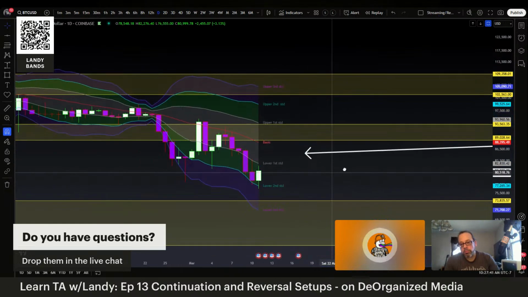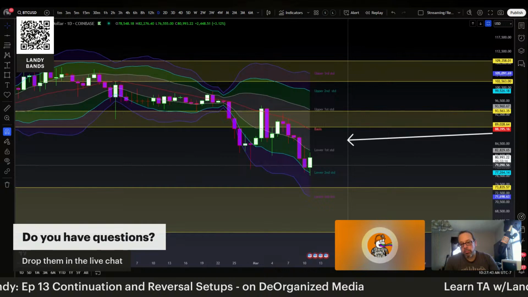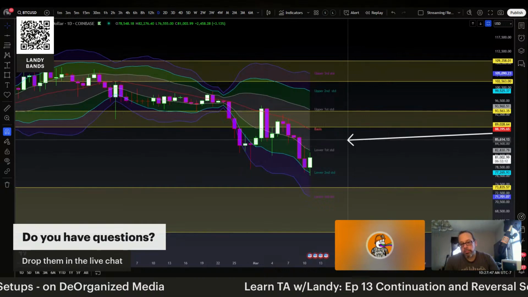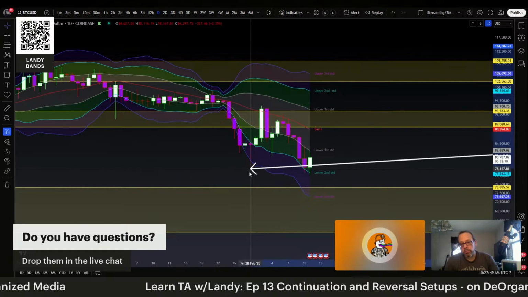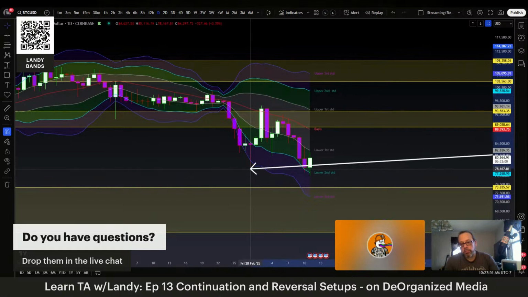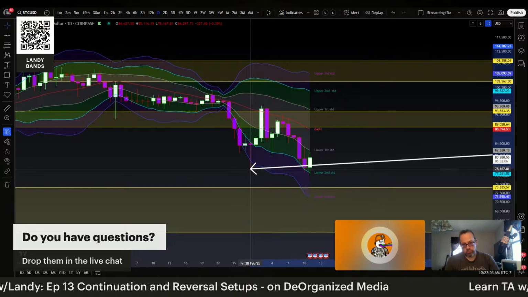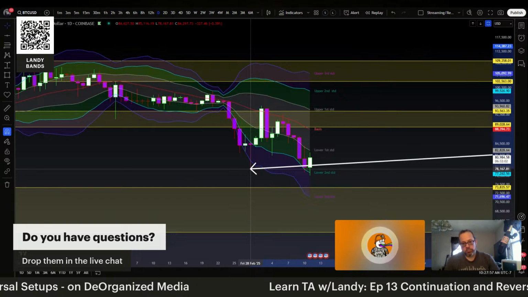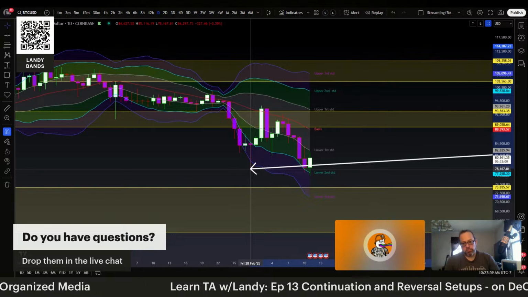So in this case, what are we going to look for continuation to the downside on a daily time frame? Now in lower timeframes, any closes below the daily here at 78,167, and we're looking for price to head down lower in the lower timeframes.